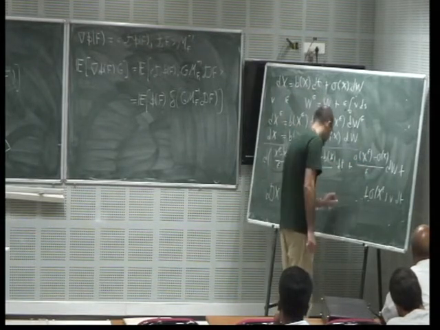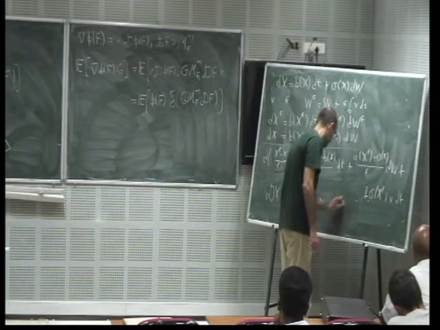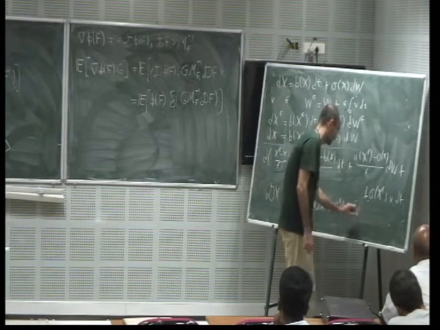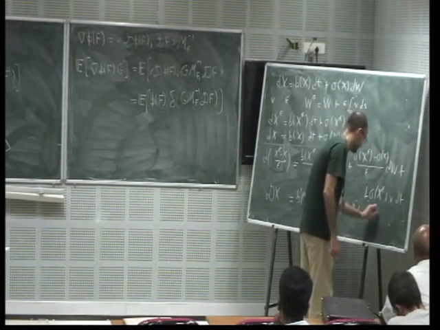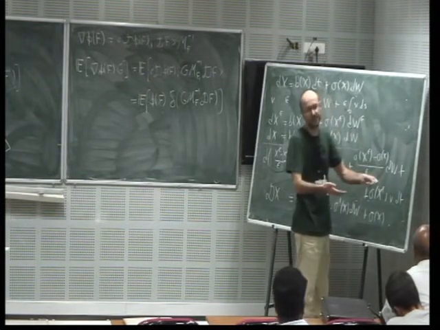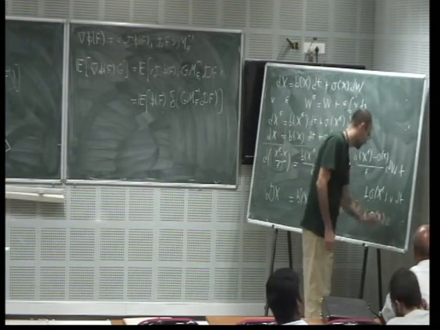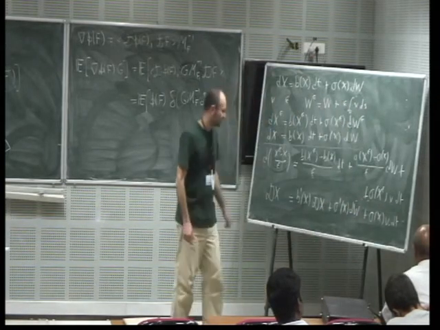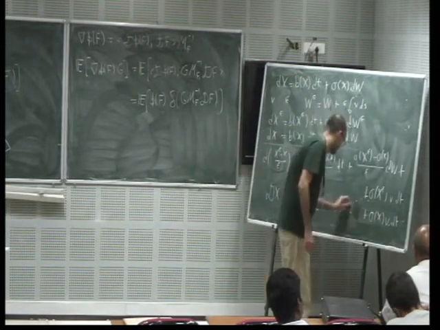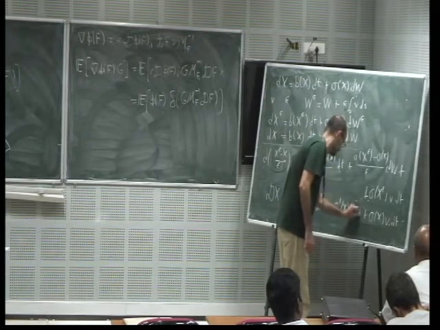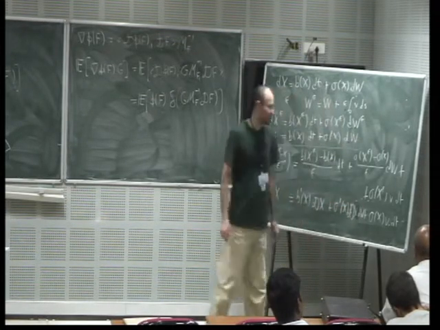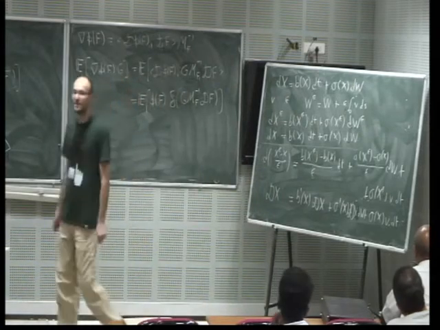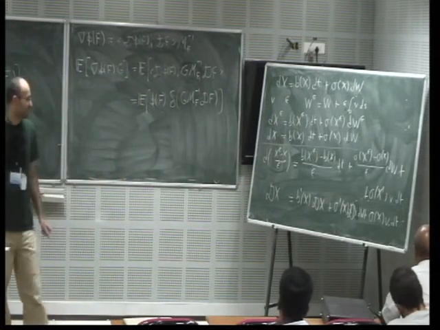Also here. And x epsilon goes to x when epsilon goes to 0. Okay. And so we got an equation for the Malliavin derivative of x.